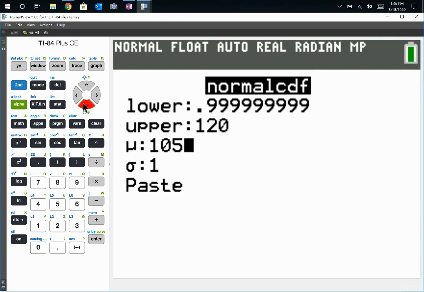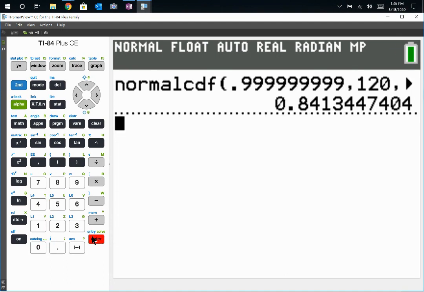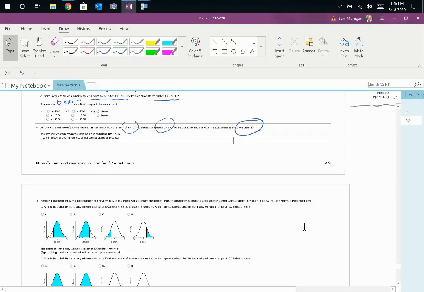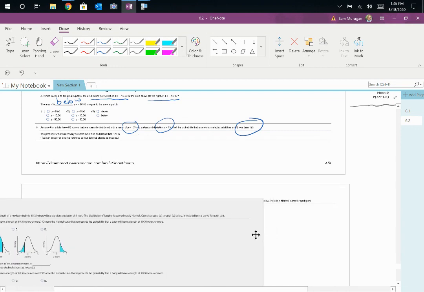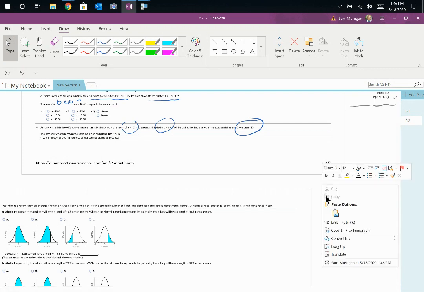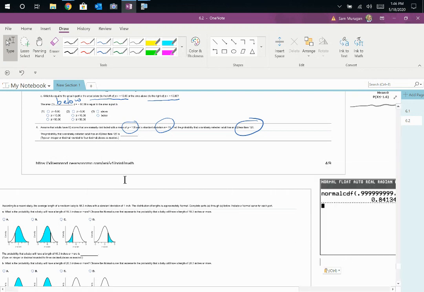The standard deviation is 15. And you get 0.8413. I'm going to put it on the side here so you can see it. So this is 0.8413.